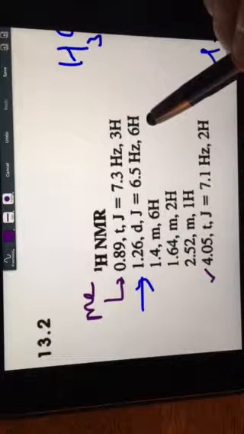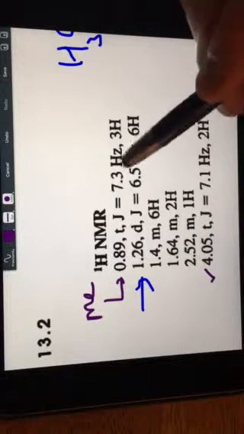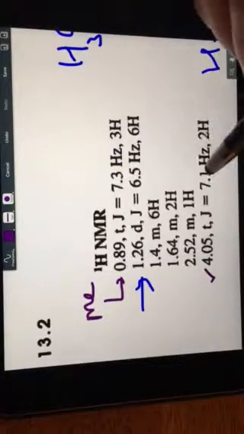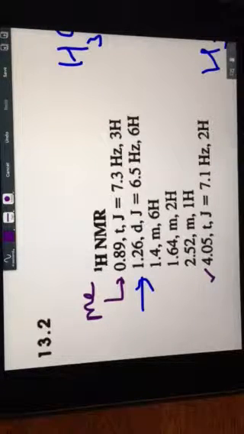It's appearing as a triplet with a coupling constant of 7.3 hertz. Notice that's not coupled. That's a different number than our 7.1 hertz coupling constant here.